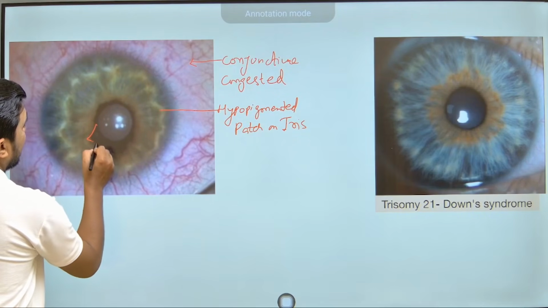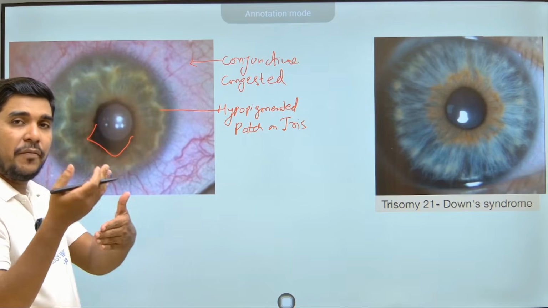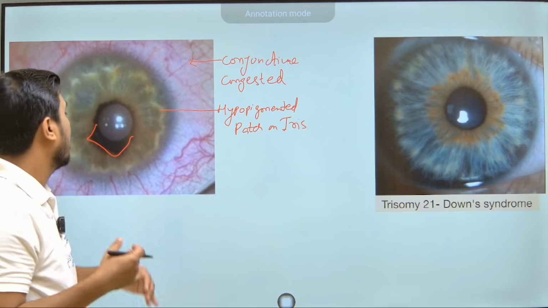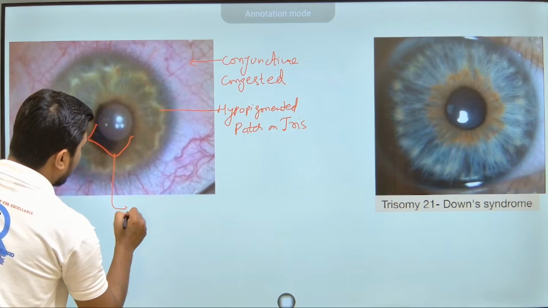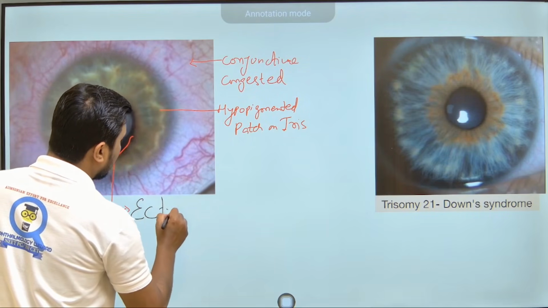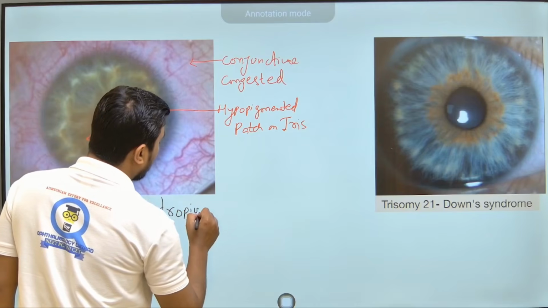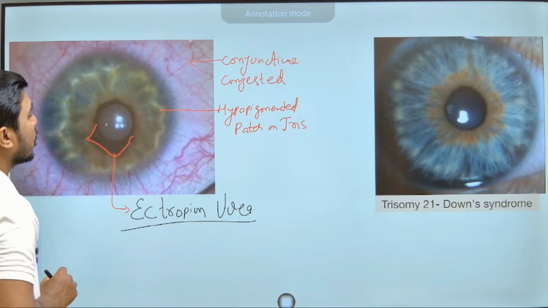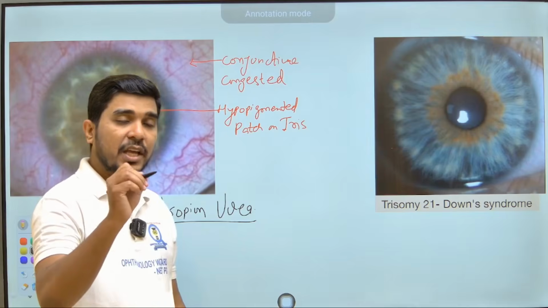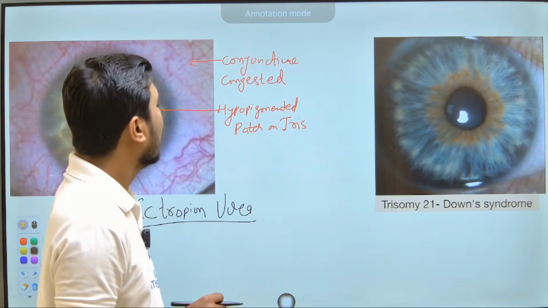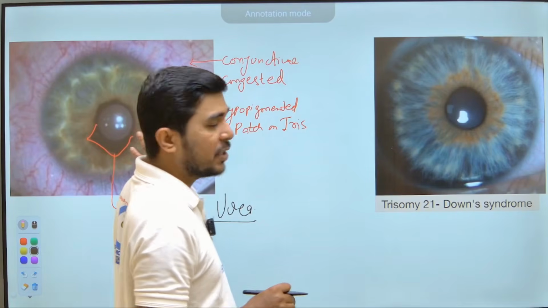What you are seeing here is eversion of the iris onto the iris margin. So this is nothing but ectropion uveae. This is the diagnosis of this condition, and it is seen in many inflammatory conditions. That is all for this image.